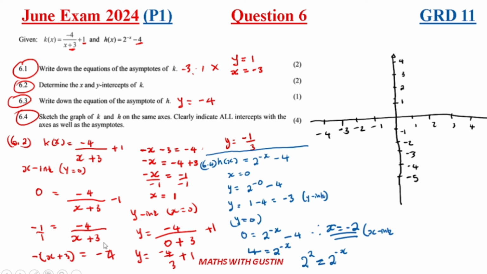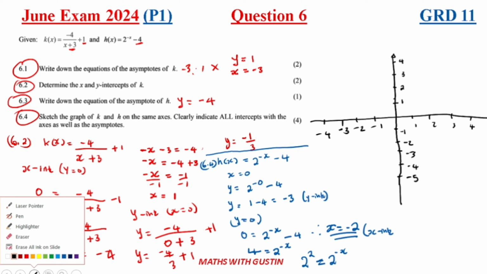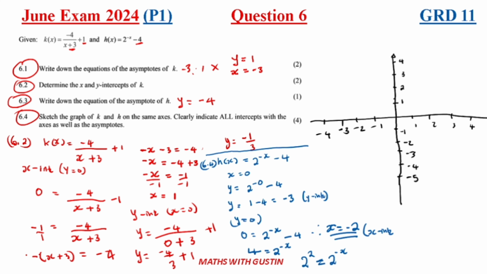So I'm going to start with the hyperbola, because I was using red there. I'm going to use red to draw it here as well. Now with the hyperbola, let's have a look at this one. Our x-intercept on the hyperbola gives us 1. So our coordinates are going to be 1, 0 on the x-axis.